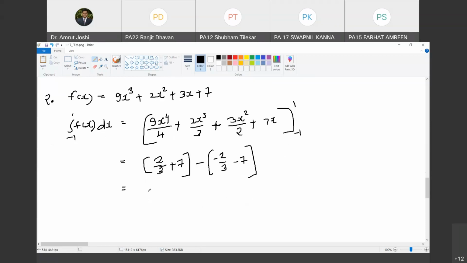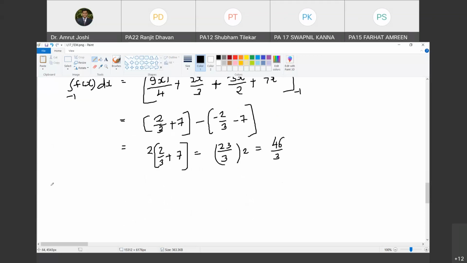So what is 2 by 3 plus 7? If I take LCM, this will be 21 plus 2, that is 23 by 3. Multiplied by 2, it is nothing but 46 by 3. Happy? Are you with me? Yes, sir.